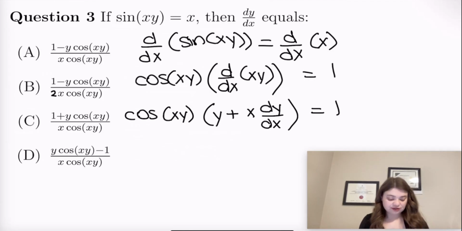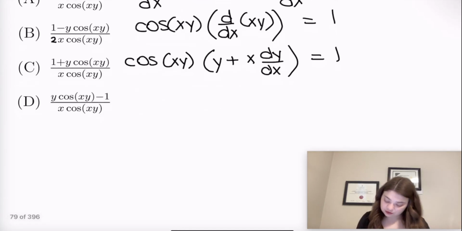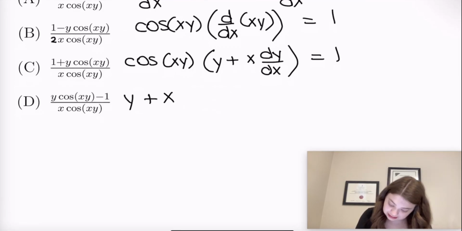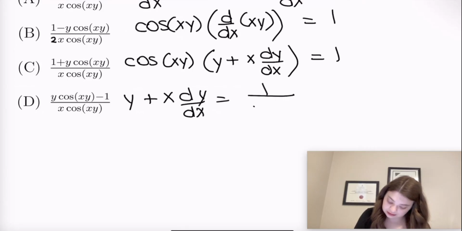And now we just have to solve for dy over dx. So what we're going to do now is start with dividing both sides by cosine of xy. So we're going to get y plus x dy over dx is equal to 1 over cosine xy.